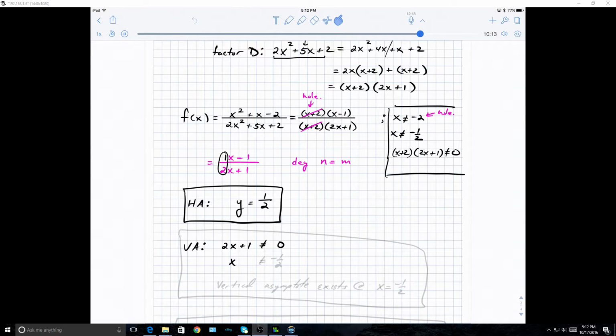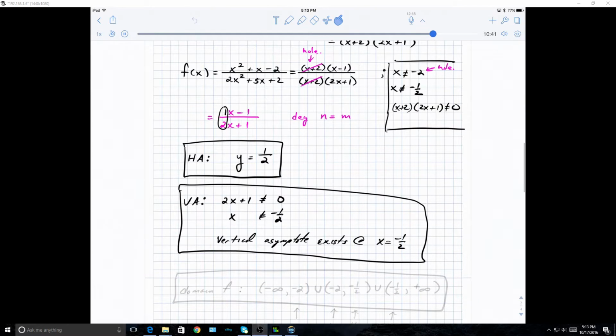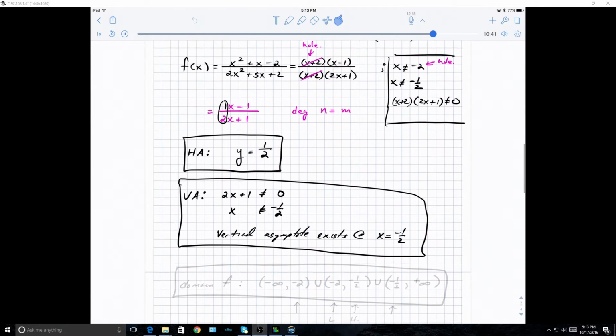If you solve that out, you realize that the vertical asymptote exists at x equals negative 1/2. So we now have all of the horizontal and vertical asymptotes found for this particular function, f.